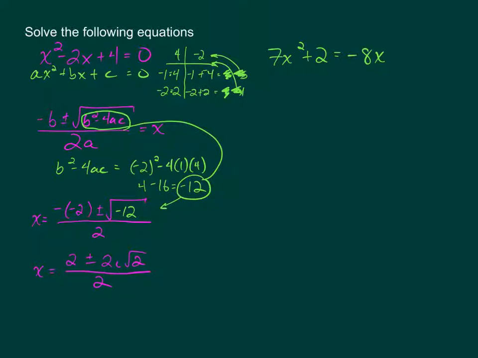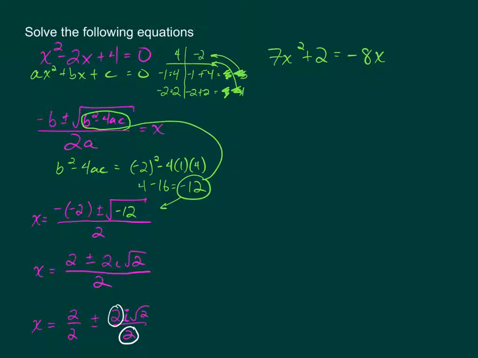From here, it's good to be in the habit of separating this fraction into two fractions. Because the denominator only has one term, you're allowed to do this. So x equals 2 over 2 plus or minus 2i square root of 3 over 2. Then you can simplify each fraction individually. It is important to remember that you can only simplify numbers that are outside of a square root.